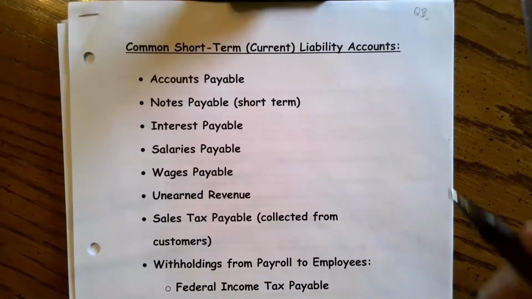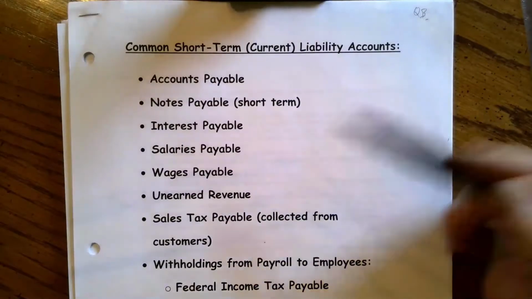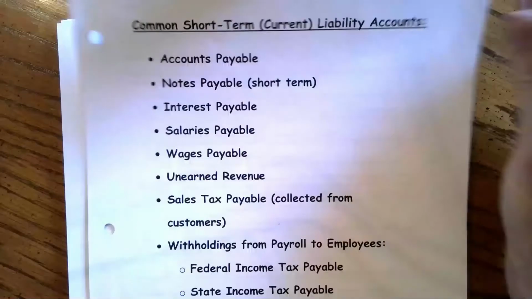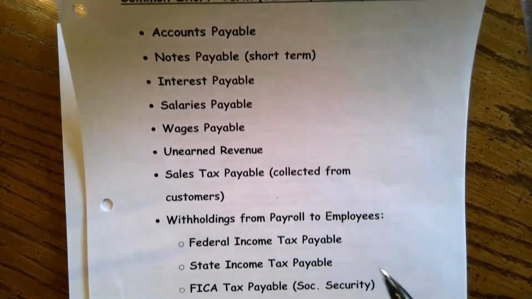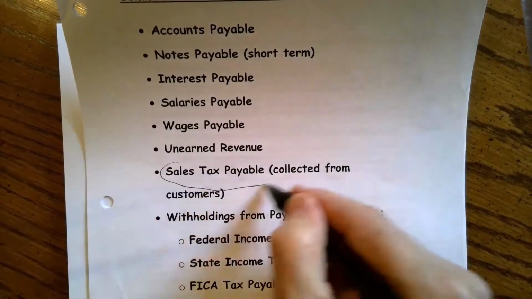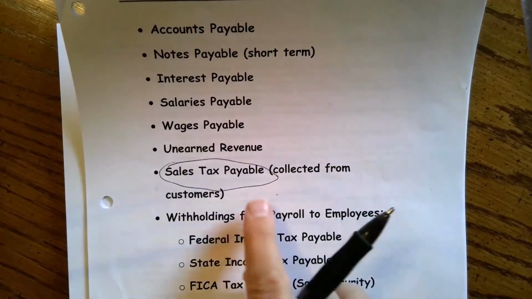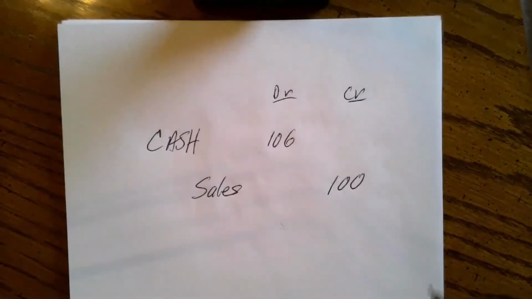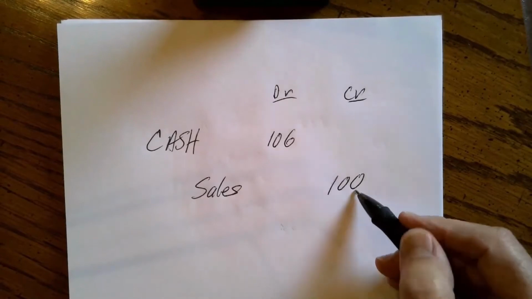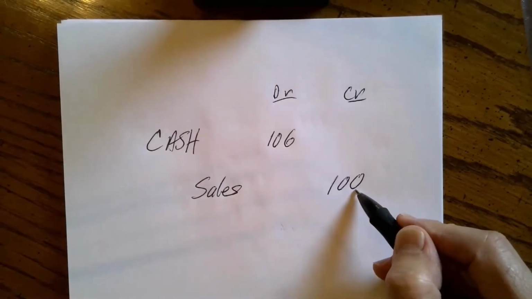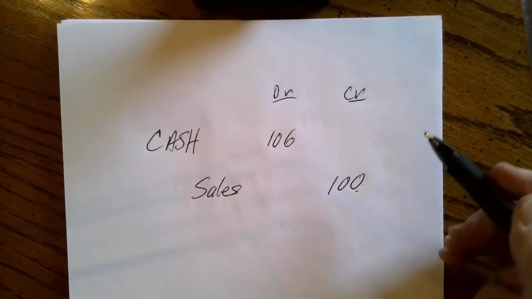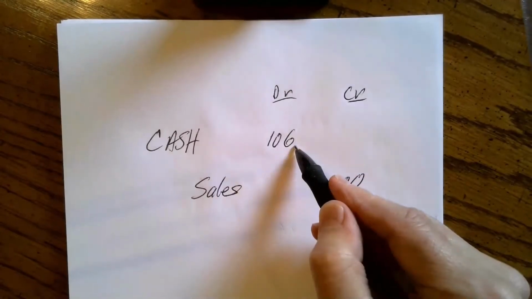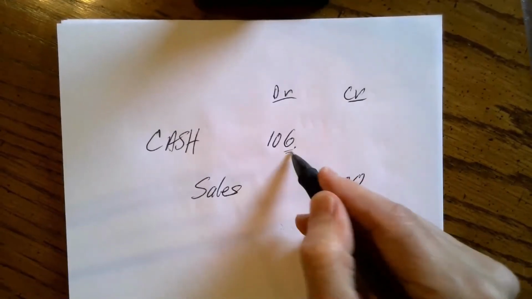Momentum has a list of various current liabilities. Included in this chapter are comments about sales tax payable, items collected from a customer and remitted to state agencies. The journal entry for making a cash sale, for example a $100 cash sale, where the business collects $106, including $6 tax.